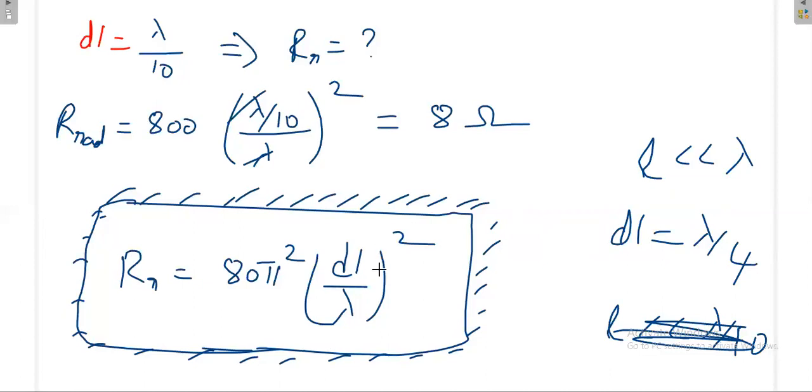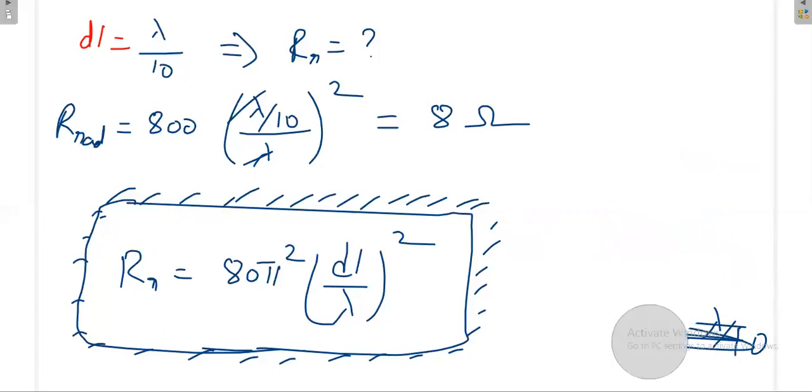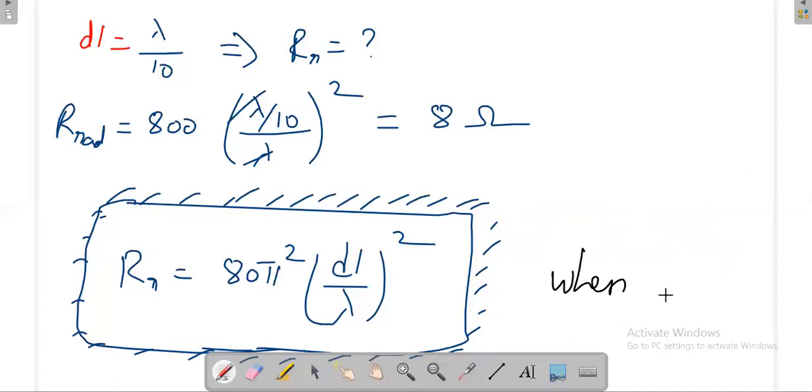This formula you have to use only when L is very much less than lambda, because we started with that condition only.